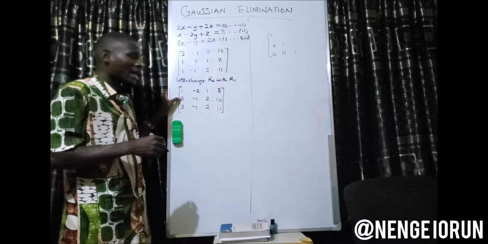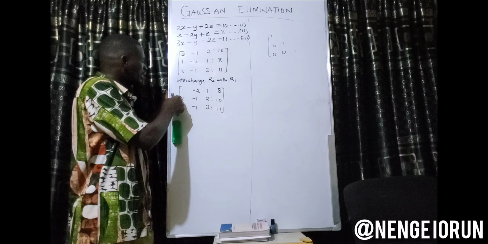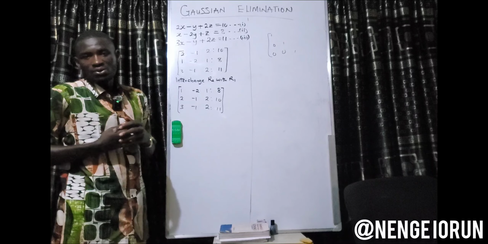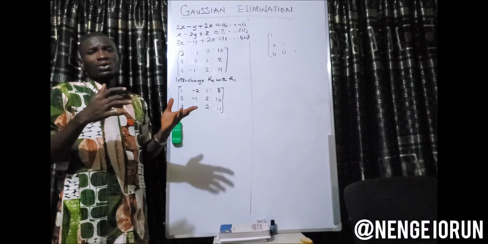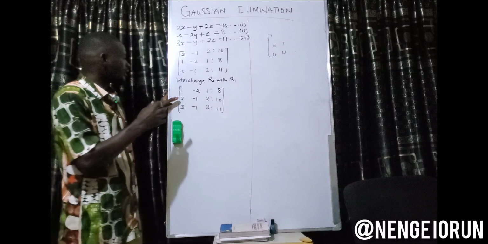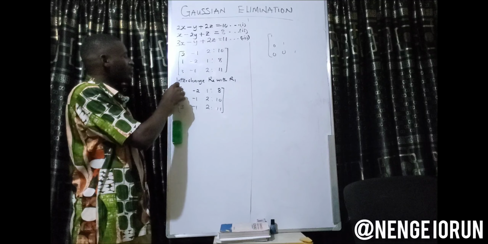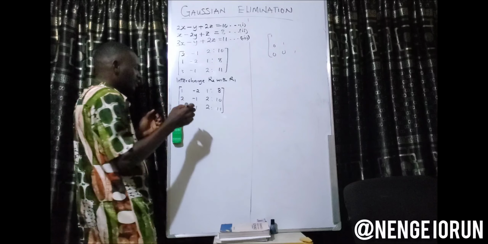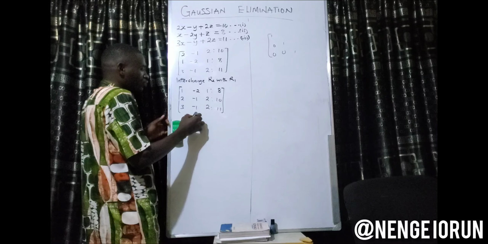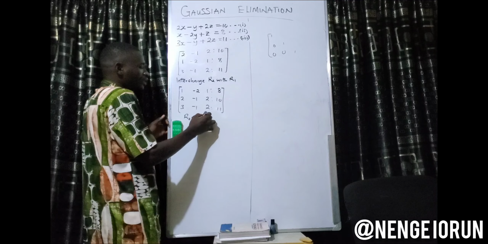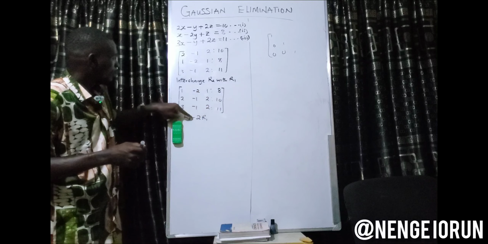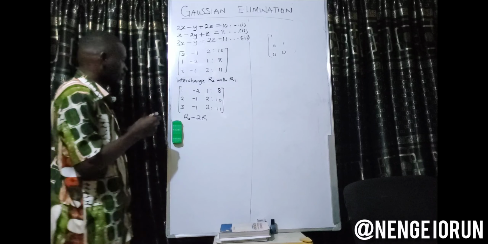The next step is to have 0 here. What can you do with 2 to have 0? If you say 2 minus 2, it will give you 0. So where can you get the other 2? Now, if we say 2 times row 1 minus row 2, that is, in essence, row 2 minus 2 times row 1.